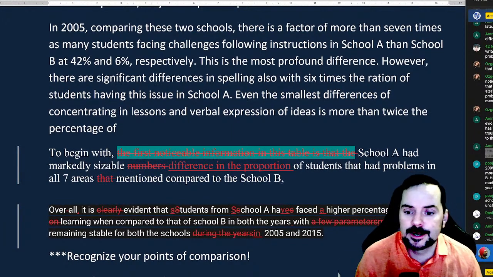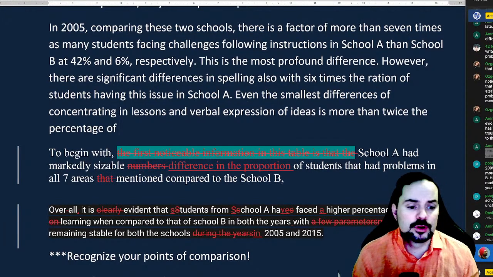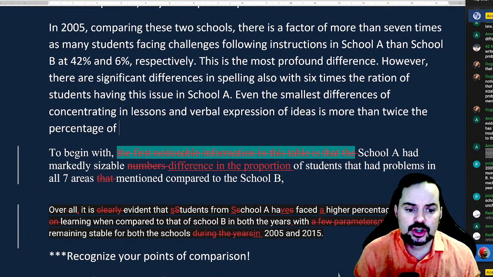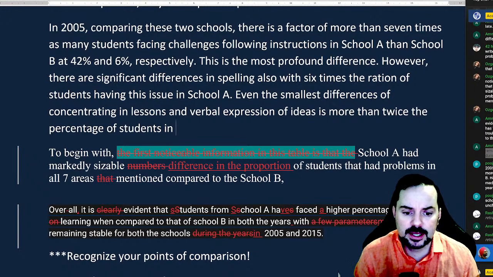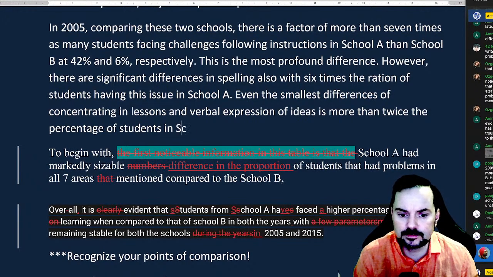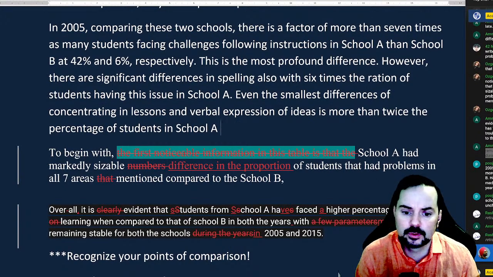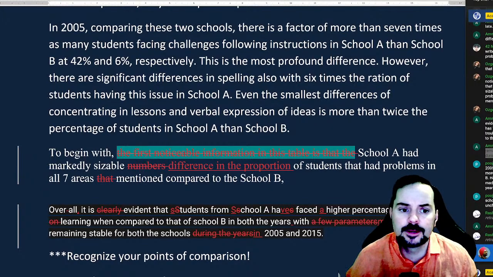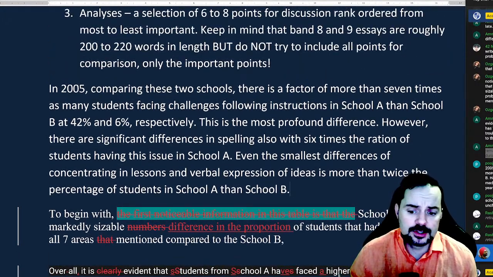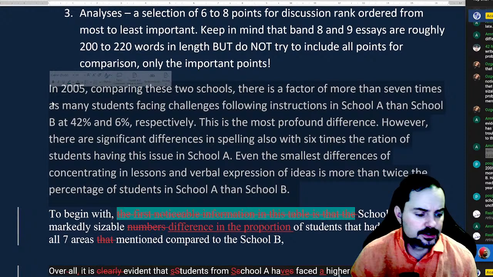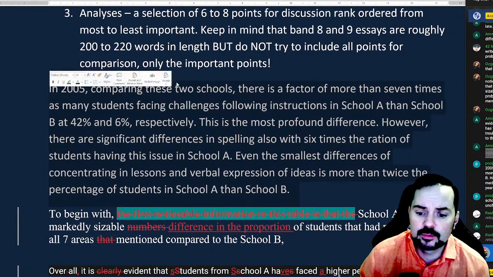Okay. So it's more than twice the percentage of students in school A as school B. Okay. And that's lots. So if I look at that, that's 87 words.